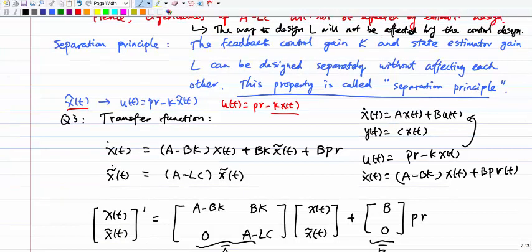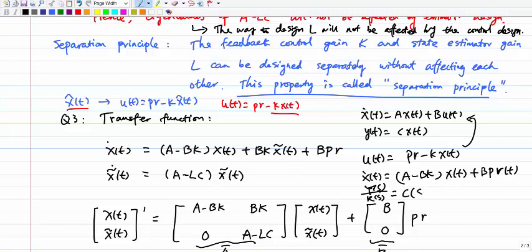So the whole transfer function is Y(s) over R(s). This is for the case when we know the state.